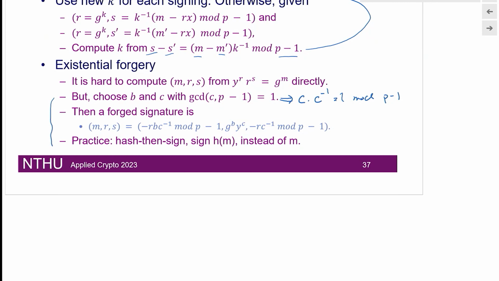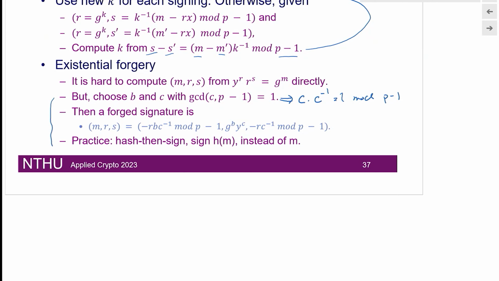The word existential forgery means that it is possible to sign some random messages. Ideally, we want a signature scheme where it is not possible to even provide a valid signature of some random or meaningless message. But let's see how we can forge a message now. When you want to forge a message, you can choose a B, you can choose a C with this condition.